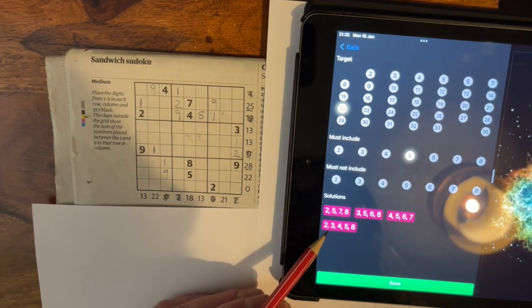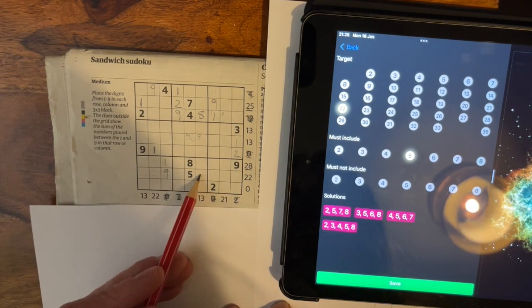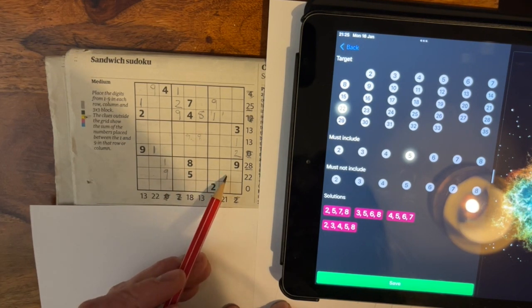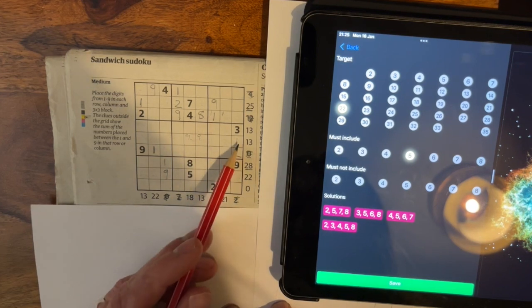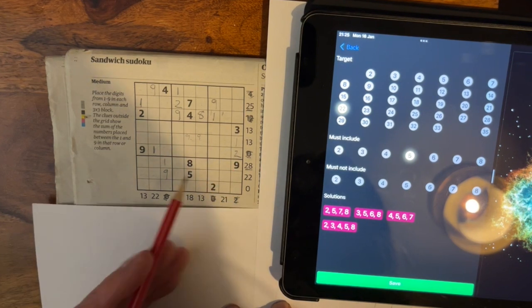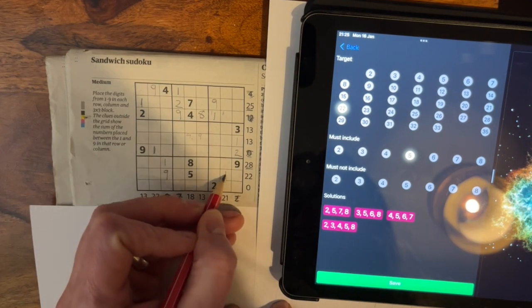So it'll either be 4 or 5, 1, 2, 3, 4, so it'll be a 1 there or a 1 there. But we know the 1 can't be there because there's a 1 there, so it has to be there.